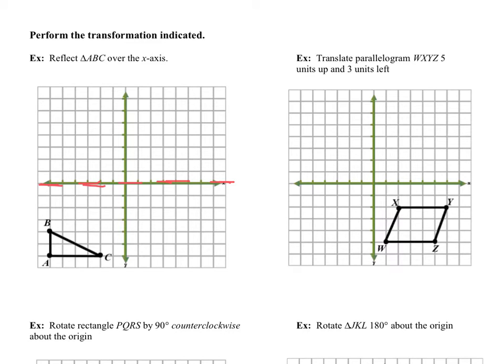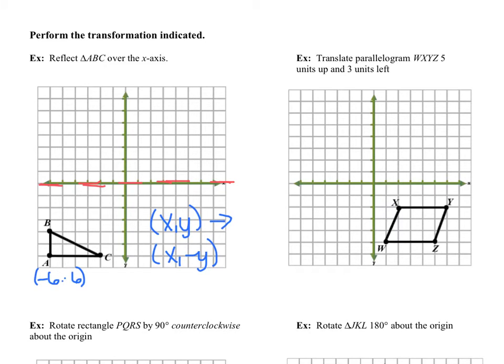Or you could apply the formula, which says that every point (x, y), when you reflect across the x-axis, becomes x and then the opposite of whatever y is. So you could start by listing each coordinate. The coordinates of A are (-6, -6).